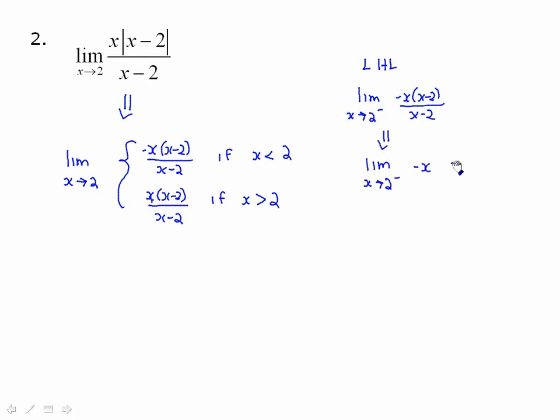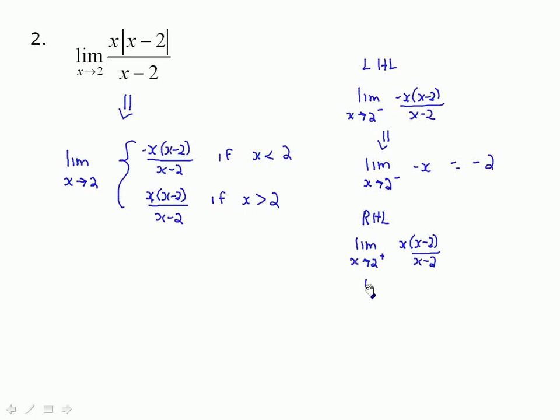Plug in 2 now, and you'll get negative 2. And then the right-hand limit is the limit as x approaches 2 from the right side, and this time it's x minus 2 over x minus 2.